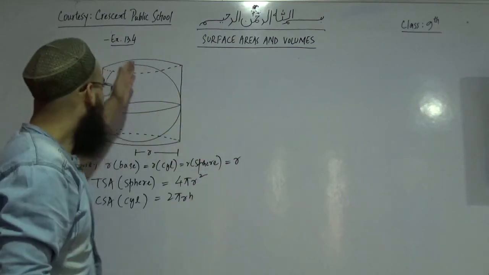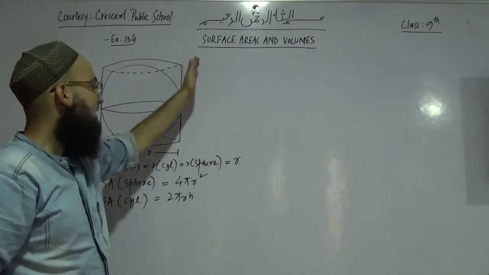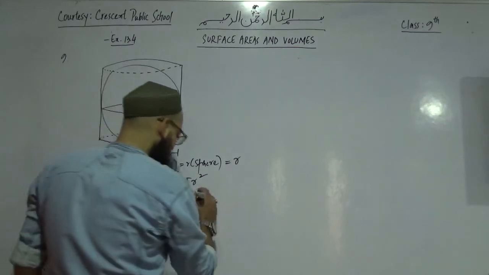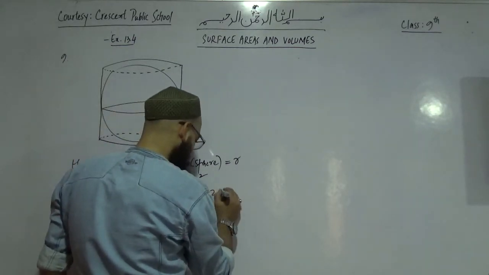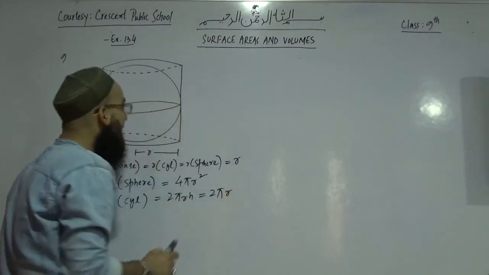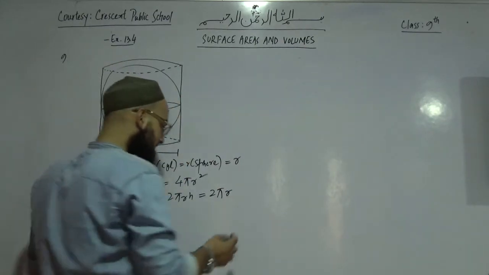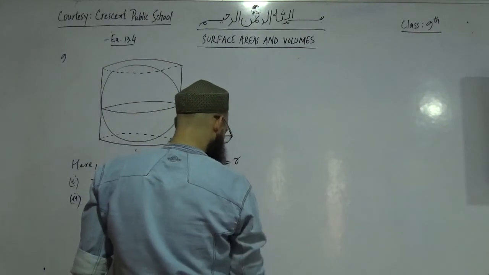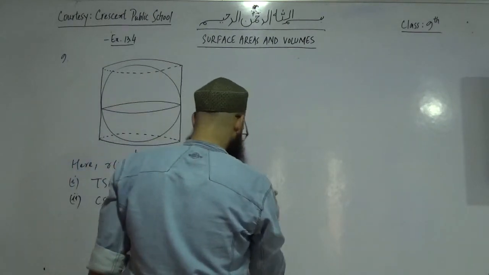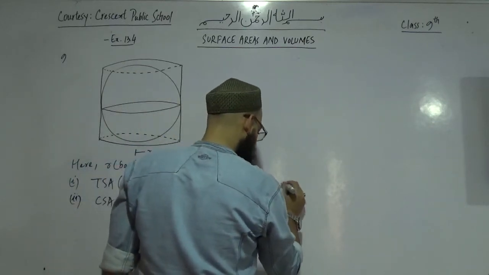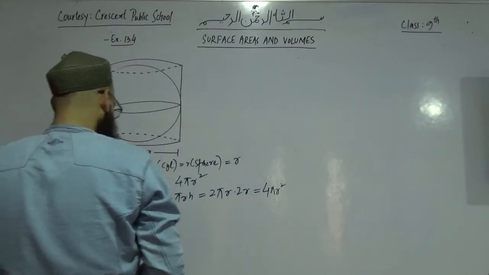Are you getting? Diameter of the sphere is equal to height of the cylinder. So I can write 2 pi r, then h is the diameter of sphere. Diameter of sphere is twice r, times twice r. That will give you 2 2's 4 pi r square. 4 pi r square. We got it?